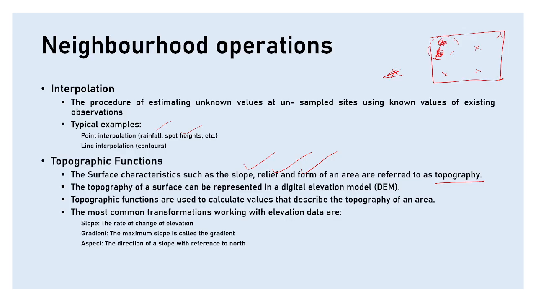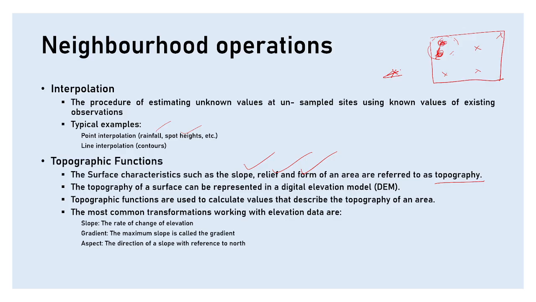The topography of a surface can be represented in the DEM model, the digital elevation model. Sir has also shown certain examples of this DEM, in which we have all this information, like where you have the elevation, where you have the valleys, slope, relief, what kind of area it is.